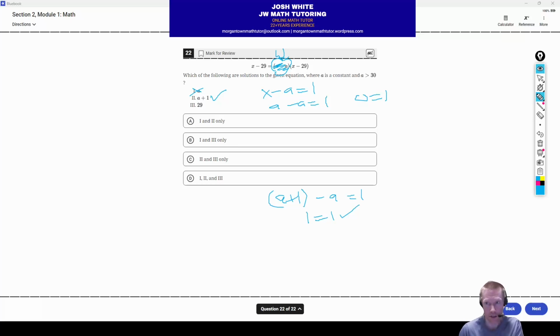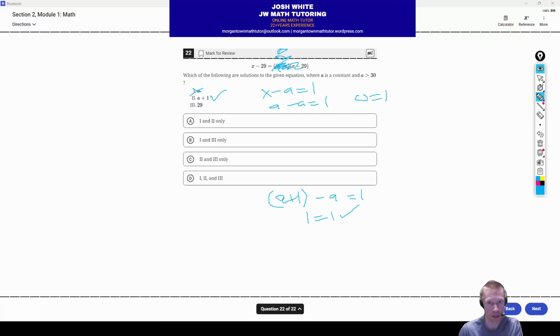Sorry, back up one step. If you plugged in a here for the first answer choice, a minus a just turns out to be 0. And on the right side, 0 times anything is 0. So you get x minus 29 equals 0, which is not true.